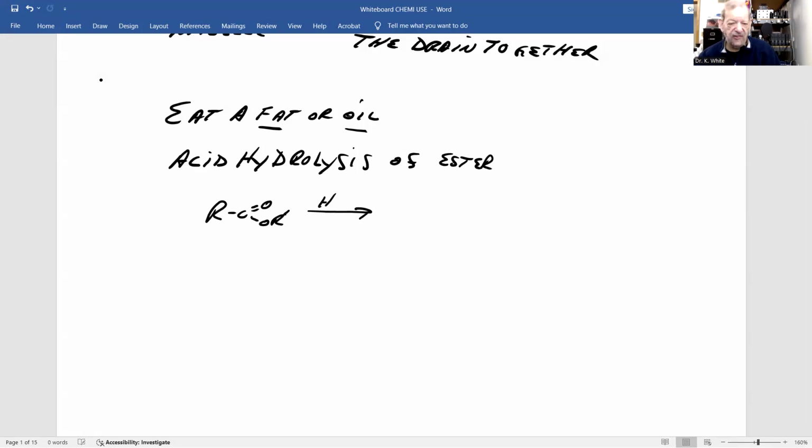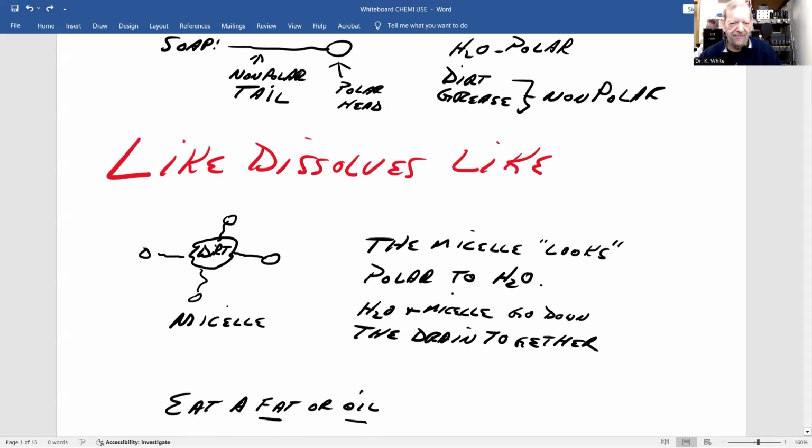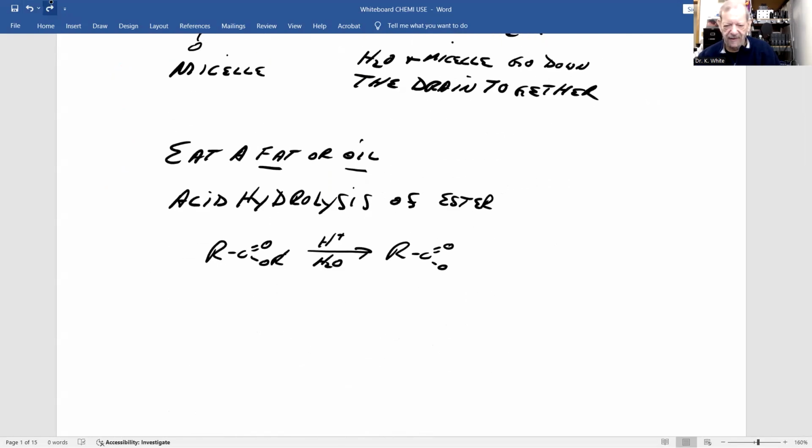reactant, you can put HCl or H plus in water, acid and water, and you get back the carboxylic acid, plus the alcohol you would have used to make that ester.